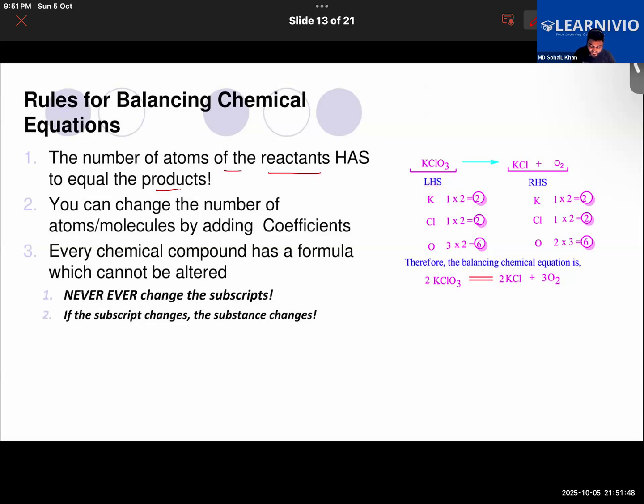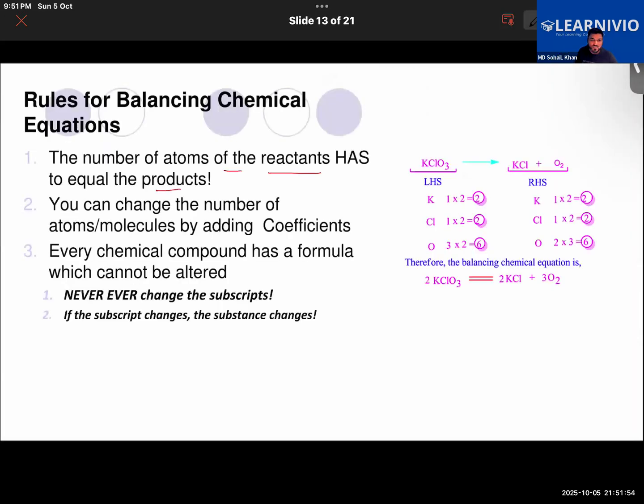So the first thing is to count the number of atoms of each element. Take a look at a simple example. Suppose a compound is given, C3H8, and you are reacting it with oxygen.